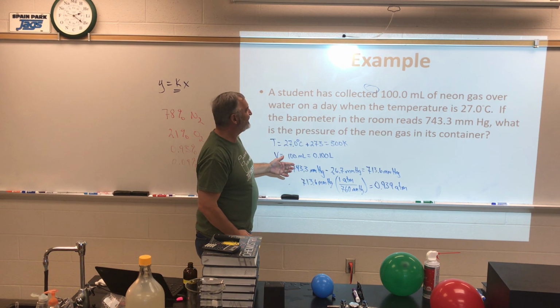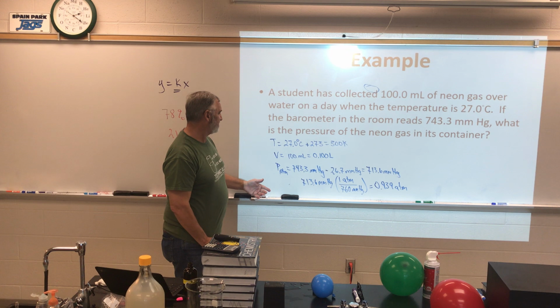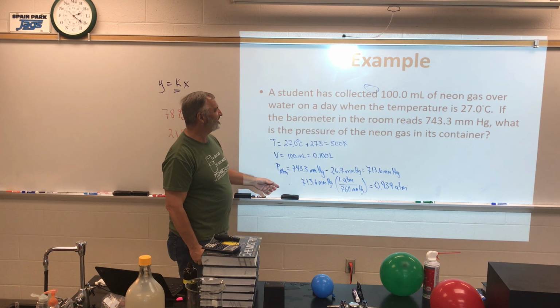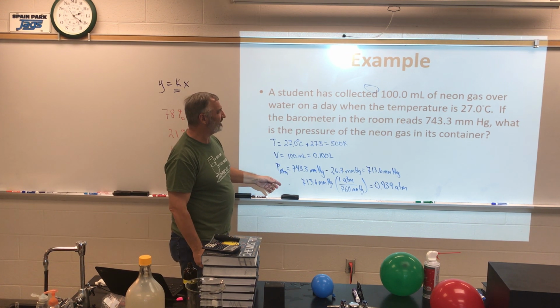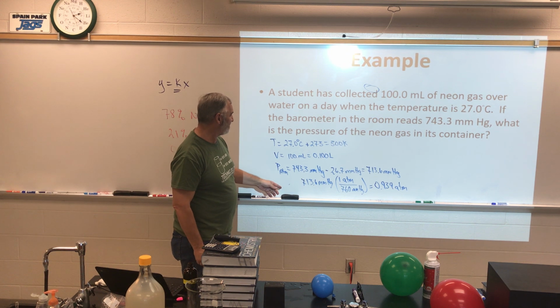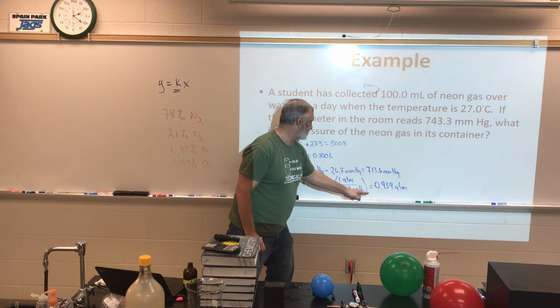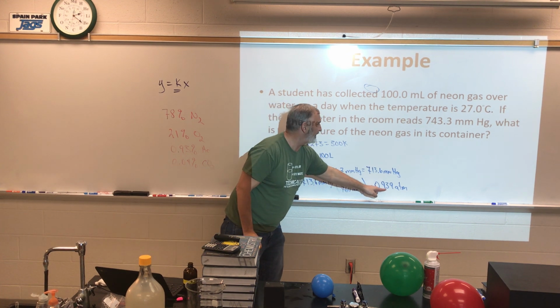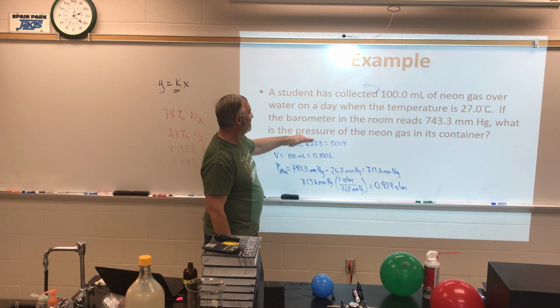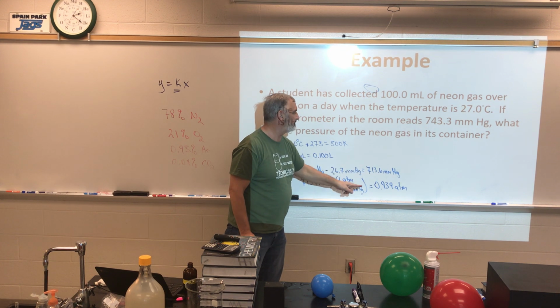But now we can go, what is the pressure? Okay, well the reality is that I didn't need to do all of that. What I want to figure out, I'm going to do another part to this. Okay, our pressure is going to be 0.939 atmospheres. What is the pressure of the gas, or 713.6?